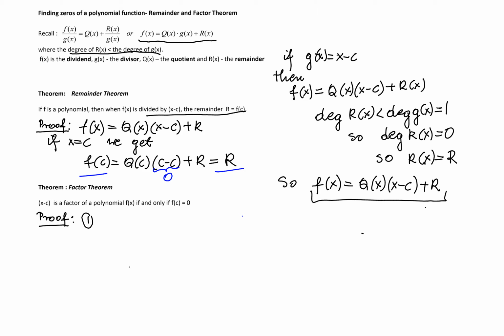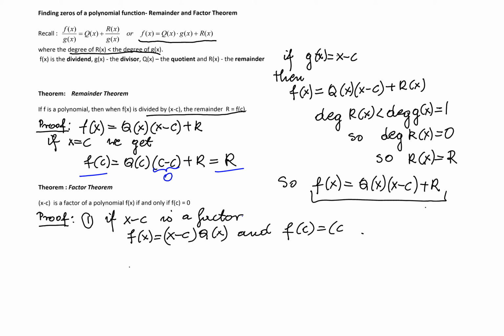So if we assume that x minus c is a factor, then f of x can be written as x minus c times some polynomial q of x. And therefore, the value of that polynomial at c is going to be c minus c times q of c, which is 0, since c minus c is 0.